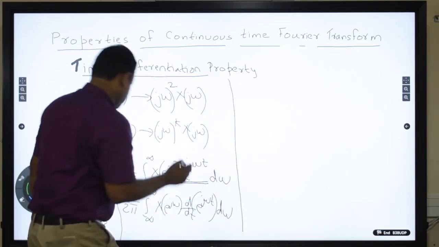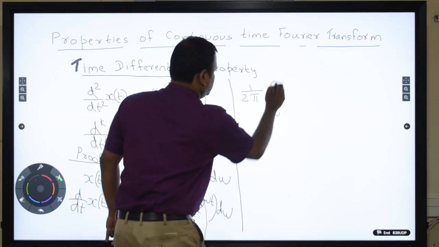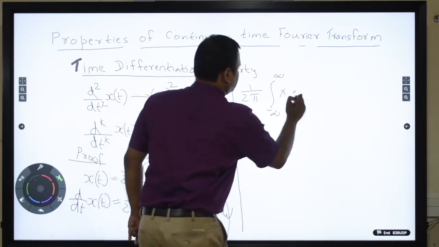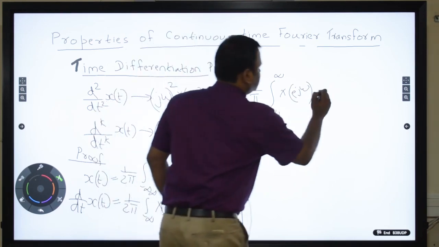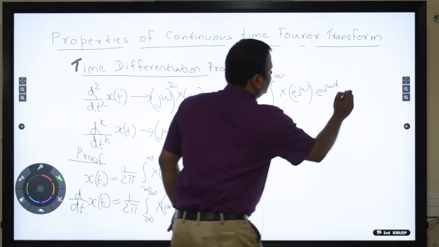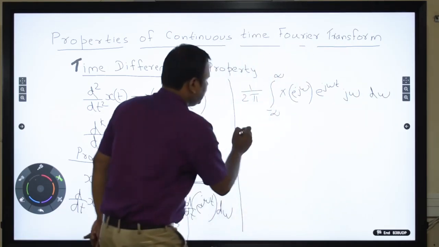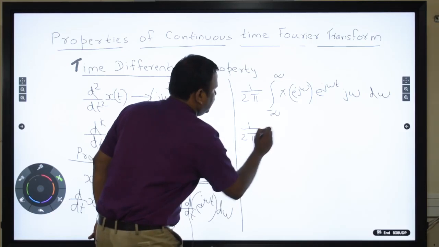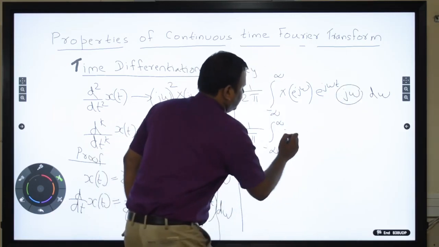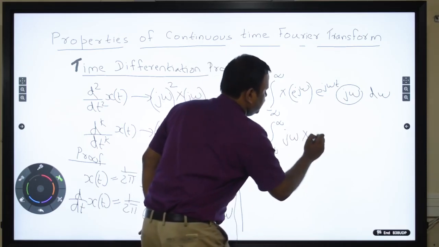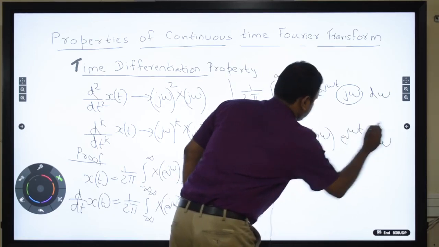Now, doing the differentiation, we have 1 over 2 pi, integral from minus infinity to plus infinity of X of e power j omega, and d by dt of e power j omega t is e power j omega t into j omega, into d omega. Again rearranging, we have 1 over 2 pi integral of j omega into X of e power j omega e power j omega t d omega.